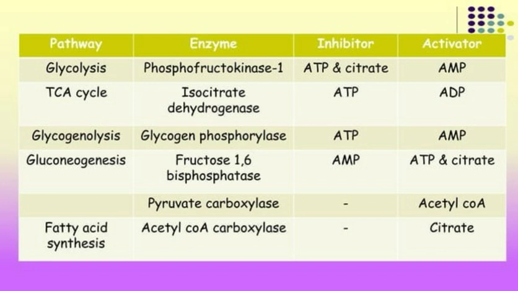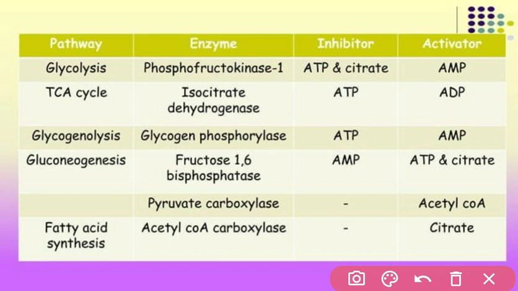Let us have a look at some examples of allosteric regulators. First example, in glycolysis, the enzyme phosphofructokinase, PFK, the enzyme that carries out synthesis of fructose 1,6 bisphosphate from the substrate fructose 6 phosphate.